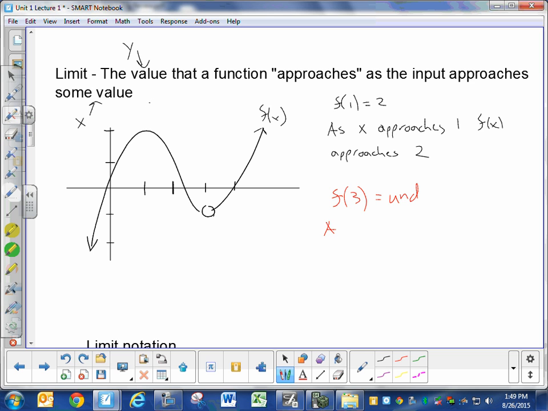I'd say as x approaches three, f of x approaches -1, sorry. Now we could have a situation where we have an open circle here, but we could have a closed circle above it.